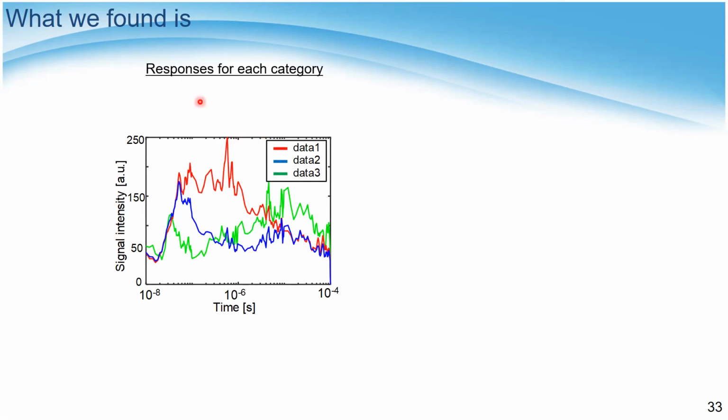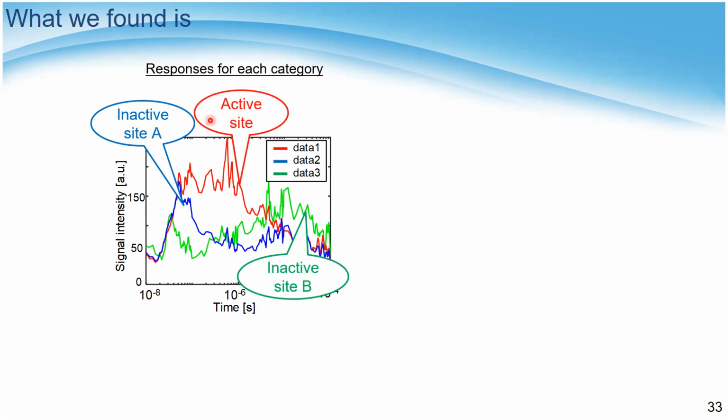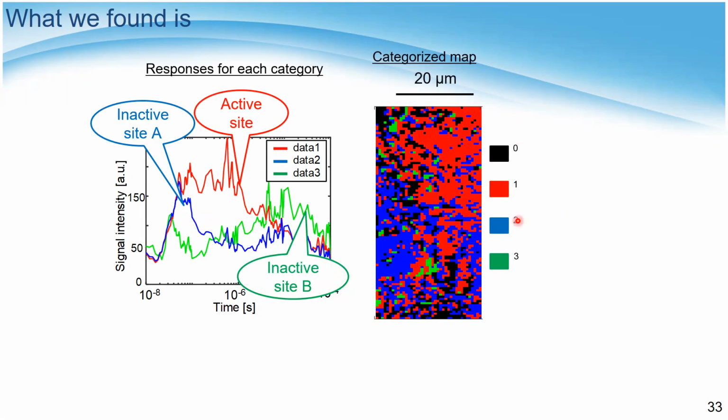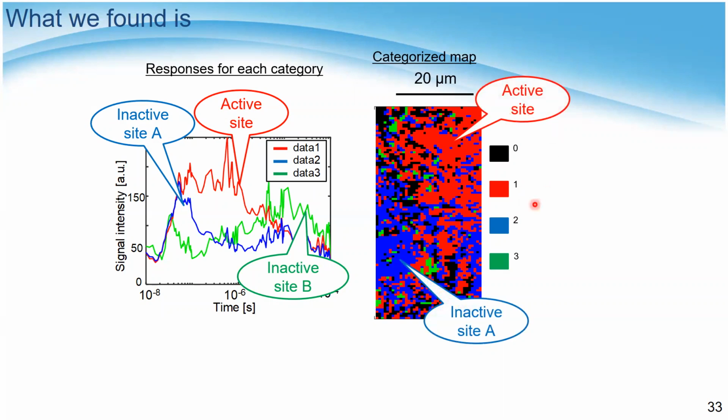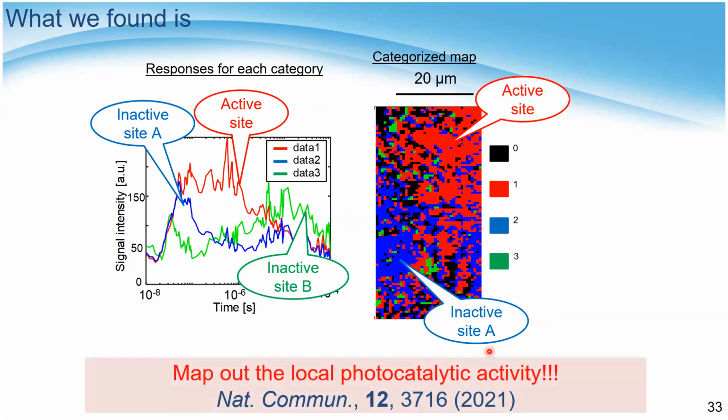We could successfully categorize the charge carrier response into three, and one of them is active for water splitting, and two are inactive for water splitting. We can map them out on a surface and recognize active and inactive sites. This local photocatalytic activity was described in the recently published paper.